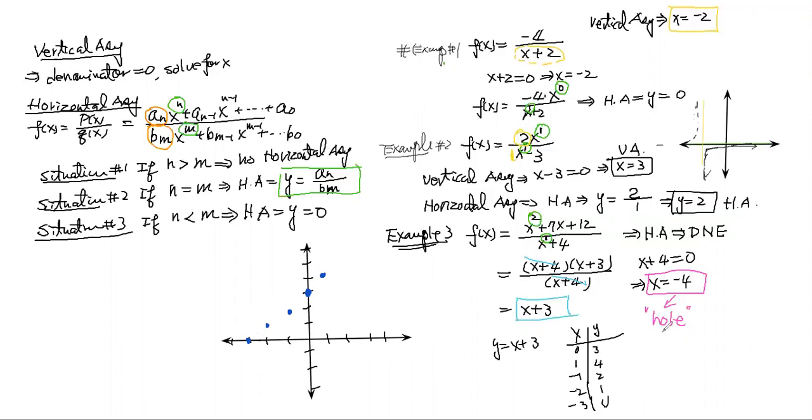So if I said x equals negative 5, y equals negative 2, somewhere here. Okay, so when x equals negative 4, if you put it in a different color, negative 4, you will get the value negative 1.